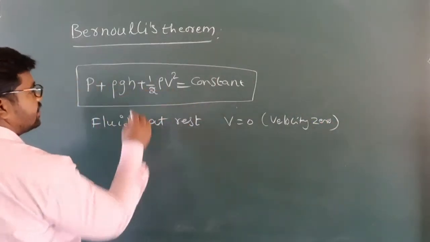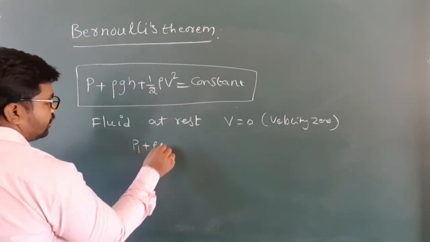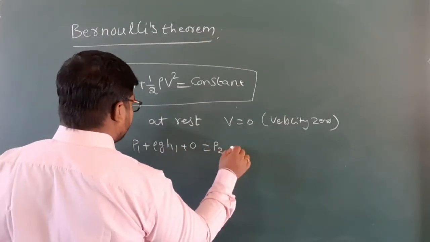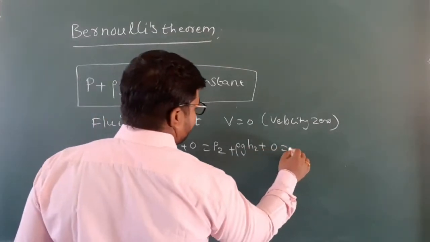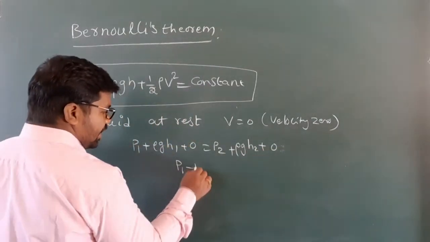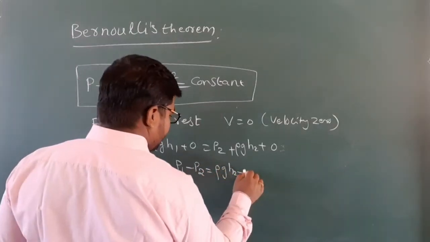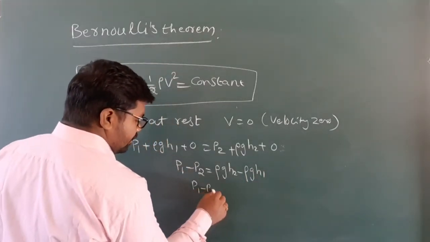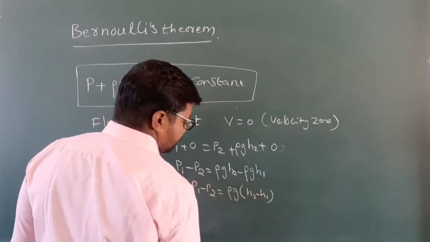You can write P1 plus rho g h1 plus 0 is equal to P2 plus rho g h2 plus 0. Rearranging this, P1 minus P2 is equal to rho g h2 minus rho g h1, which is P1 minus P2 equal to rho g (h2 minus h1).